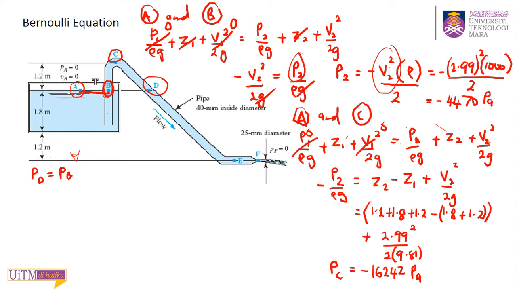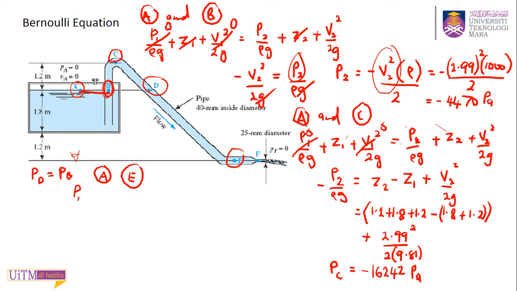And the last one, P at E. Here you need to calculate again. You can use point A as well, because point A has a lot of terms that are 0. So you do just the same. To calculate the pressure at point E, you take point A as your reference point to compare.